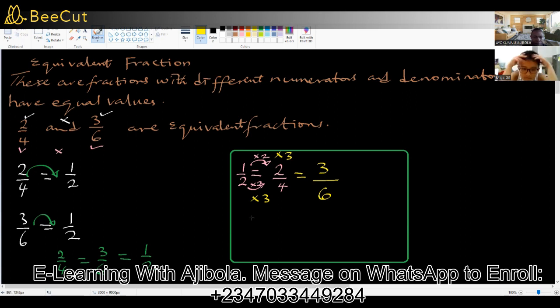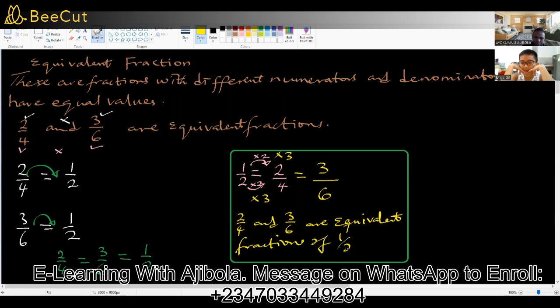So I can say 2 over 4 and 3 over 6 are equivalent fractions of 1 over 2, because both of them are equal to 1 over 2.